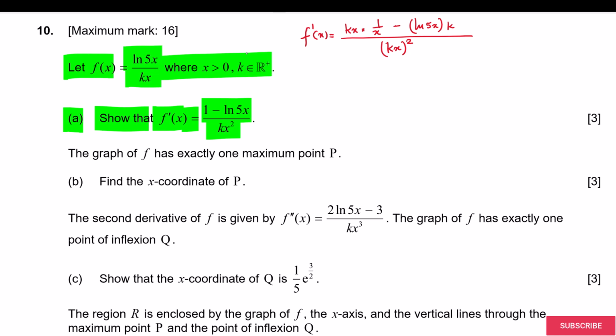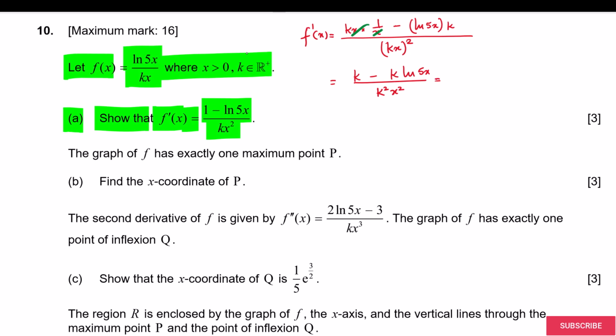Now we can cancel out something, for example x and x here, and we are left with k minus k times ln 5x over k squared x squared.